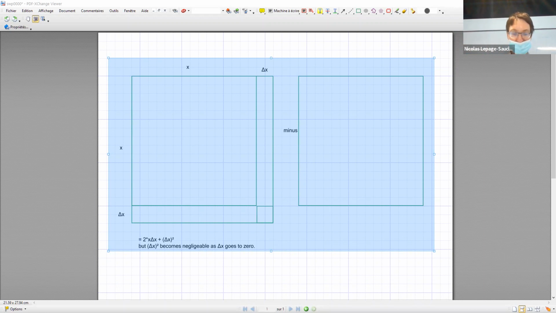So an easy one, sum rule. So I have y equals f of x plus g of x. So dy/dx would be, let's again use the same template as before.